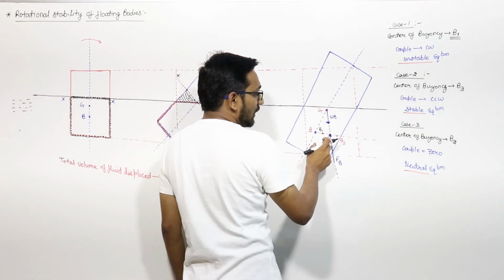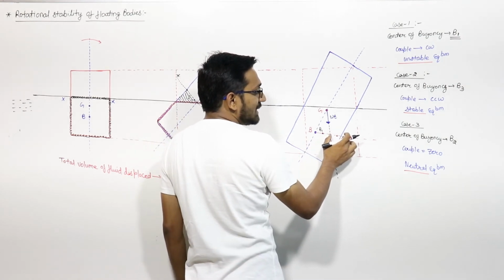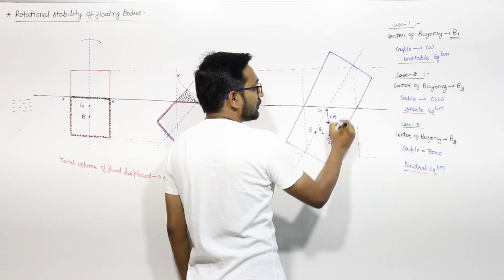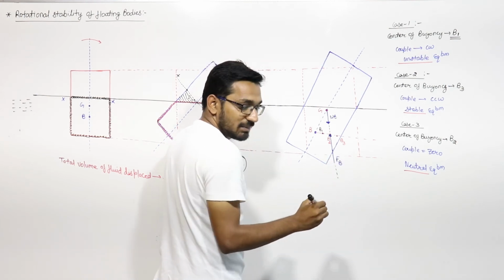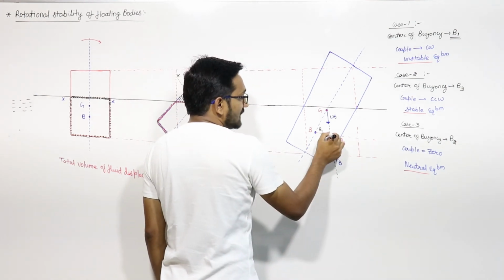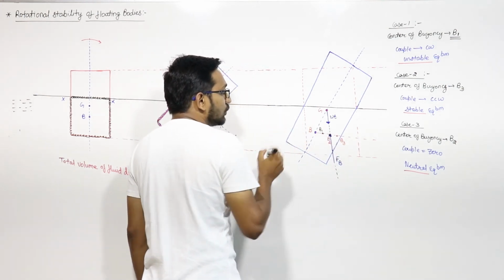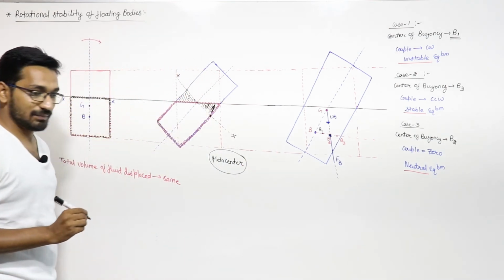If the center of buoyancy is in between B2 and B3, then an upward force will give you a counterclockwise rotation, then it is a stable equilibrium. And if the center of buoyancy is at B2, then it is a neutral equilibrium.